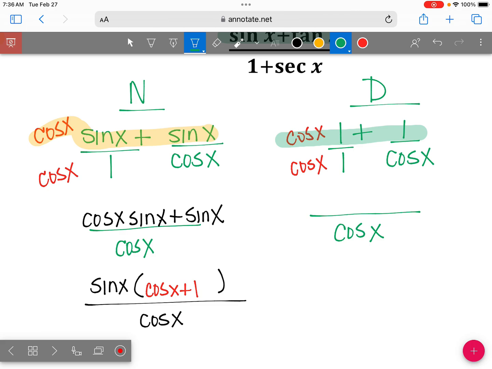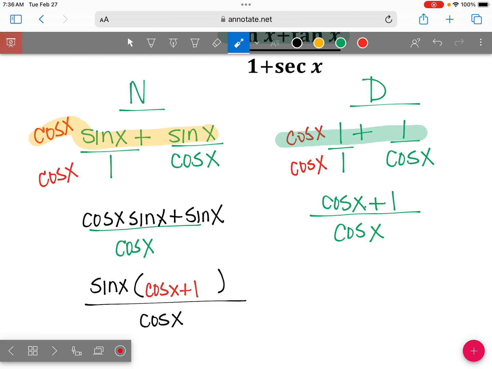Well, what's cosine times 1? Anything times 1 is going to be whatever it was. So we just got a cosine x plus 1. Can we take out a GCF up here? I'm going to ask you a trick question.